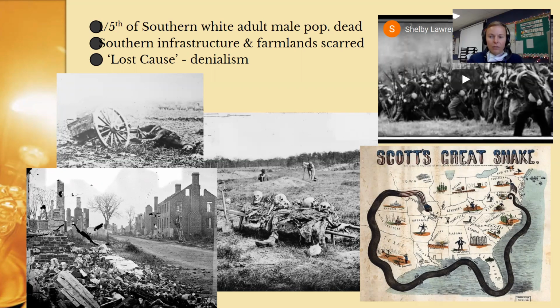It's refusing to admit defeat. That's the Lost Cause. And basically also saying that the Southern way of life would persist. Because that's what the Civil War had been about: would the South be allowed to continue its slave-based economy? And since the Union won, the answer to that is no. But the Lost Cause denialers would argue against that, fight against that, and basically refuse to accept defeat.